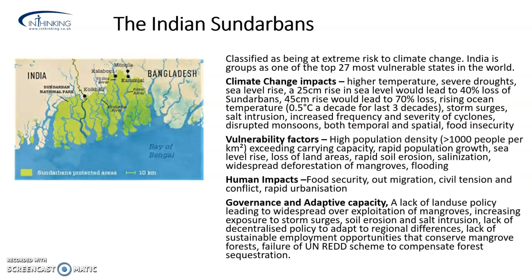So again, we've got the human impacts here being largely just food security. Of course, if you can't feed your families, that's going to lead to widespread out migration. And so actually the problems here for India with that out migration, that forced environmental migration, you could call these climate change refugees, you get all that civil tension and conflict due to these rapid urbanizations.